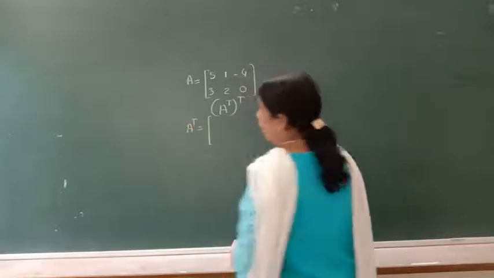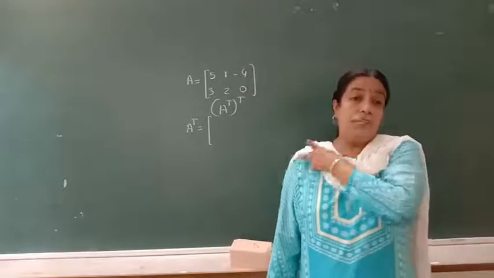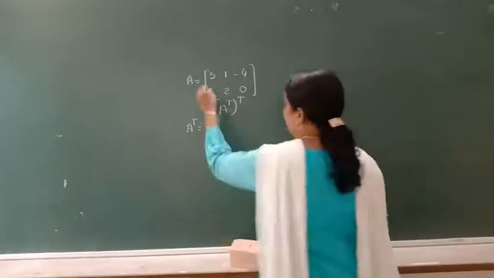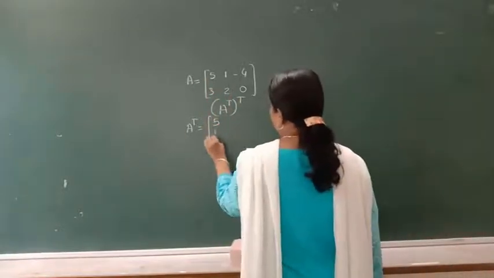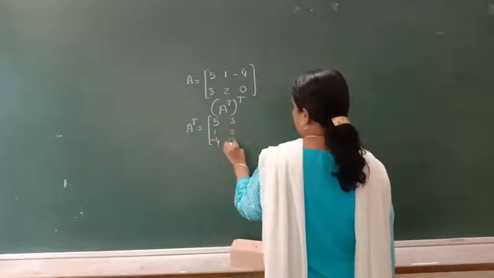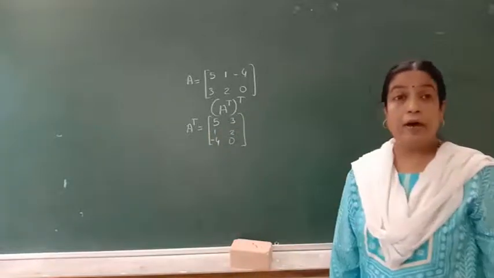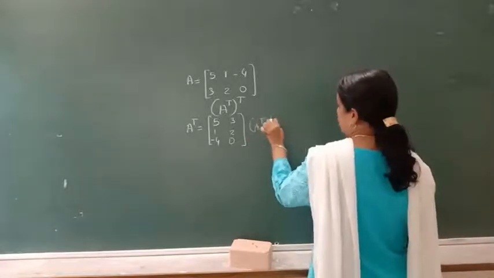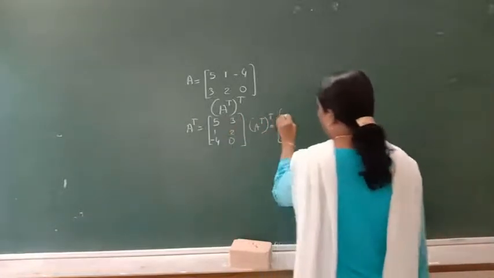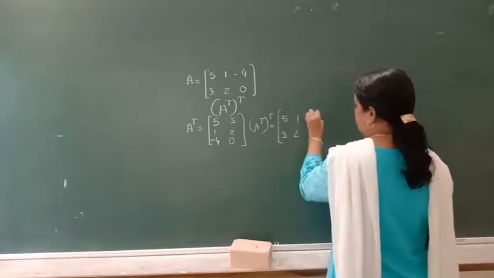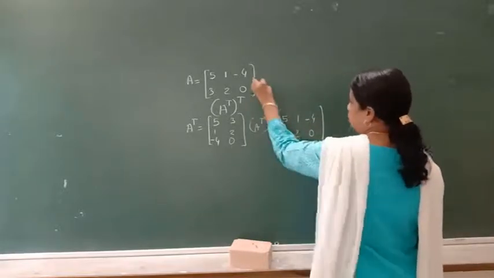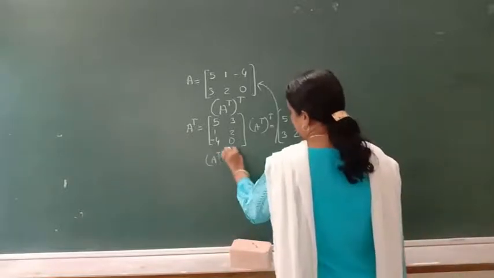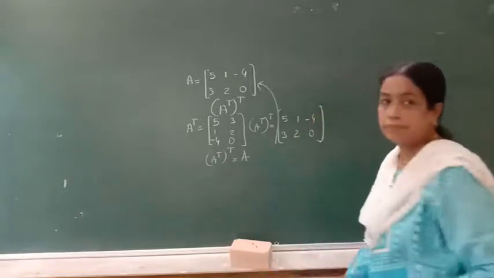Transpose means, as I have already told, row will change into column. So this is my first row, so in my transpose it will become a column. Okay. Now I want to find its transpose. Again this row will change into column: 1, 2, -4. Is it the same? Both are the same? Yes. So we can say that the transpose of the transpose of A is equal to A.